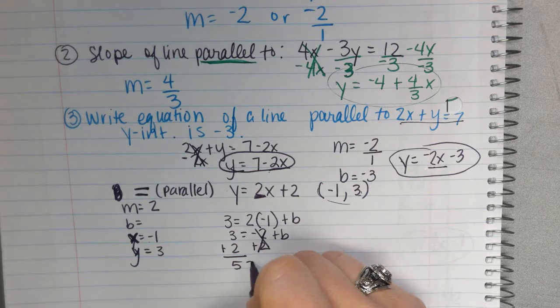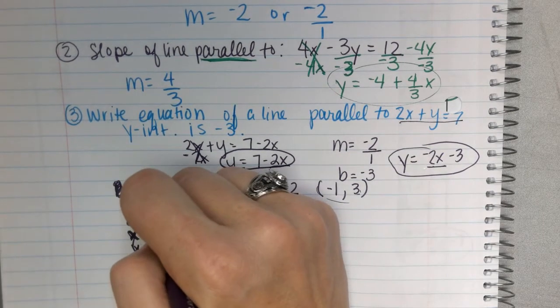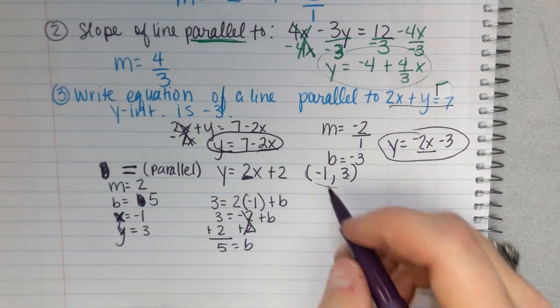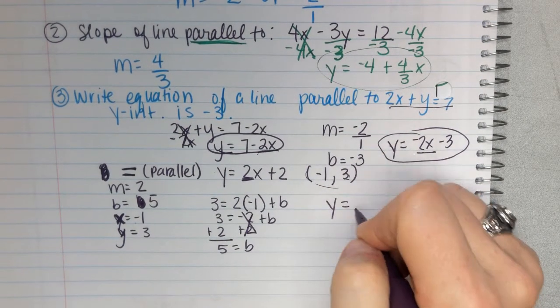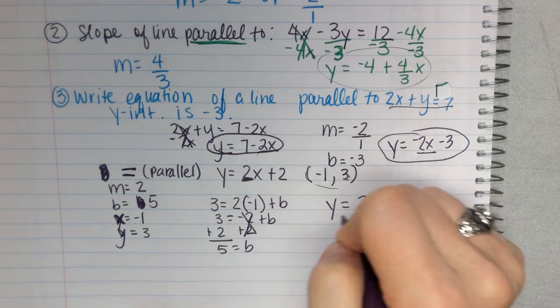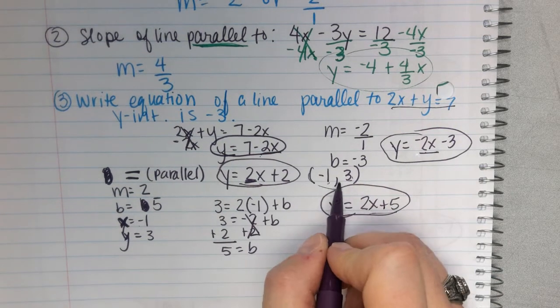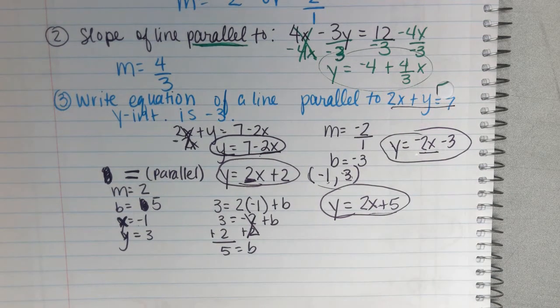And we get 5 equals b. So our b is 5. So now we can write that equation. y equals 2x plus 5. This line is parallel to this line, and this line goes through this point. You with me?